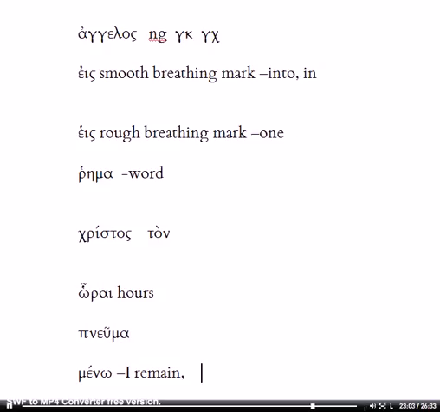However, when I shift the accent to the final syllable to get menoo, that means I will remain. So accents do make a difference, particularly with certain kinds of verbs. And sometimes there are even nouns that are differentiated by accents. But in most cases, accents don't make a tremendous amount of difference.